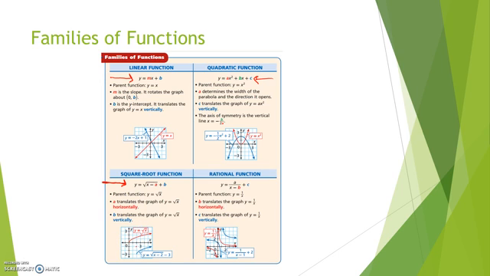And then what we're working with here in chapter 12 is rational functions, and that's in the form of y equals a over x minus b plus c. And notice what the graphs look like with that. This formula is really going to help us work with finding asymptotes that we're going to look at in the next few slides.